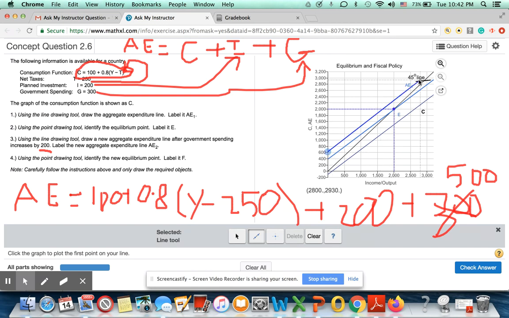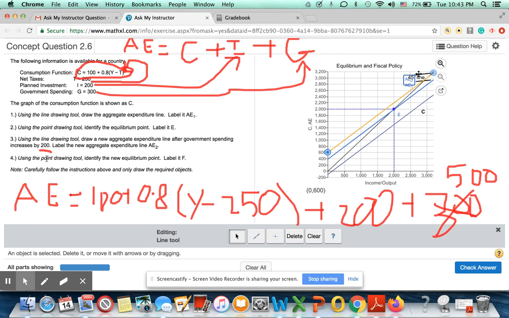And 3160, almost got it. So this is aggregate expenditure 2. Make sure that this is exactly on 600. Okay, now it's good.